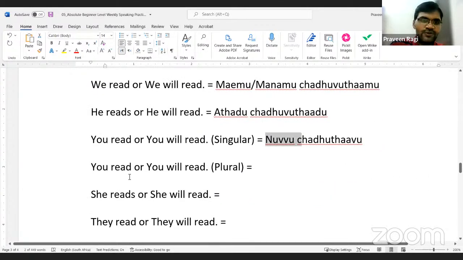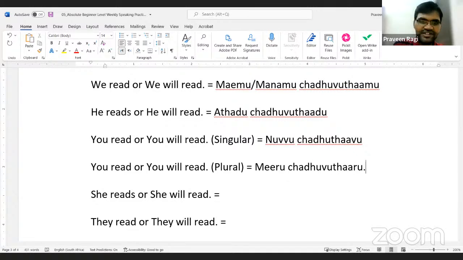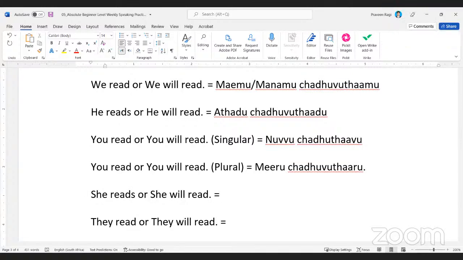You read or you will read, this one is plural form. Ravindra garu, can you try this one? Miru chaduvutaru. Yes. She reads or she will read. Can you try?